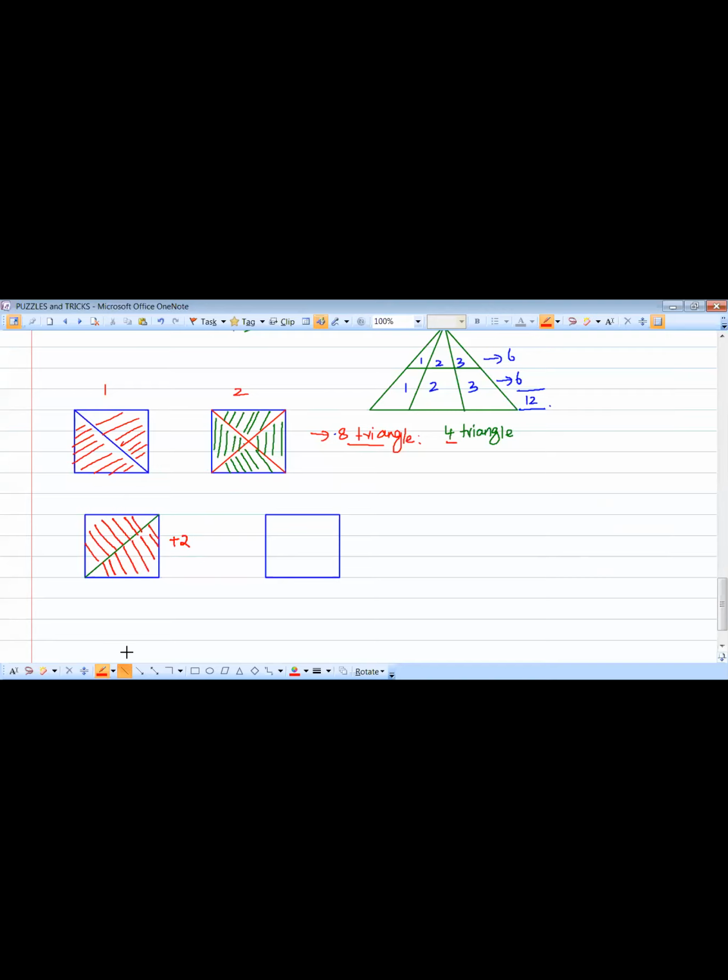Similarly, on this side, this entire part is one triangle and this entire part is one triangle, plus 2. Then 4 plus 2 plus 2, totally how many triangles? 8 triangles. Are you clear?